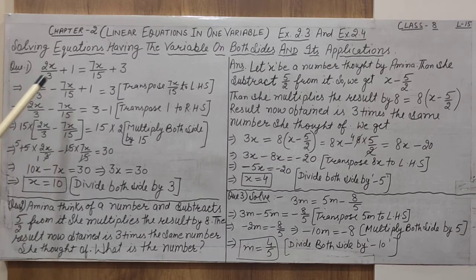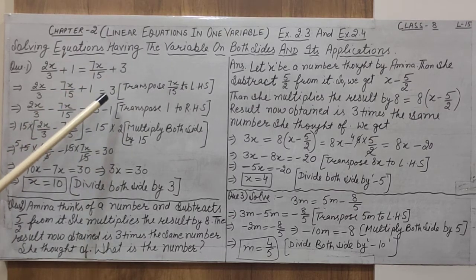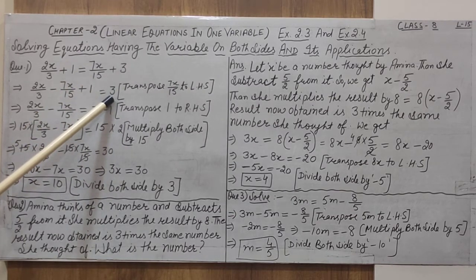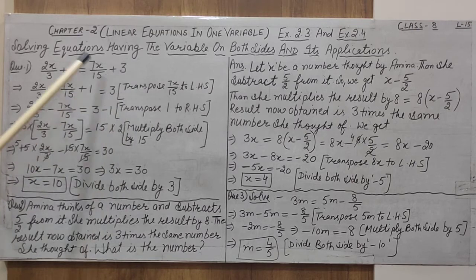Next, this is a constant only, not with a variable. So we have to transpose this constant toward the right hand side, because on the right hand side we have only 3, which is also a constant. We have to collect all the constants on one side and all the variables on the other side.